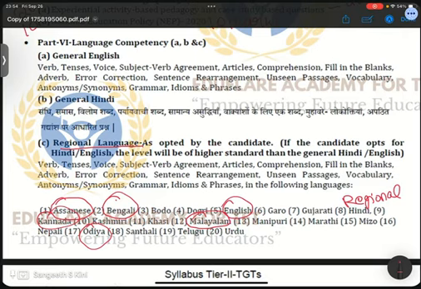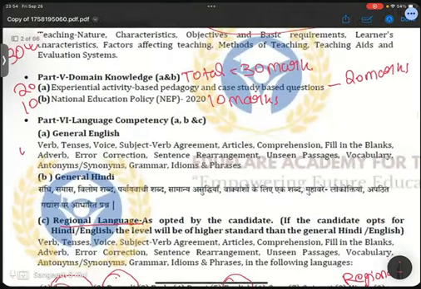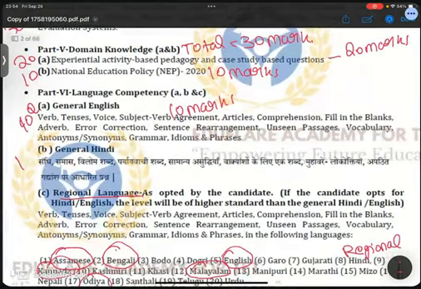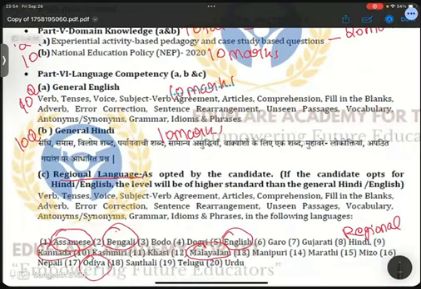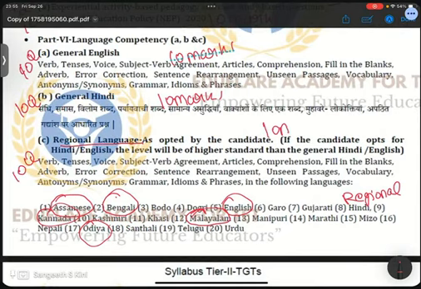So you need to attend 2 English papers. There are 10 questions from general English with 10 marks, and also general Hindi, with 10 questions and 10 marks. In the case of a regional language, if you choose Malayalam or Bengali, any language as you wish, there are also 10 questions with 10 marks.